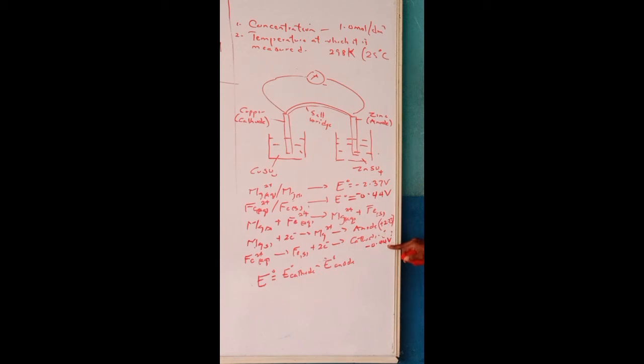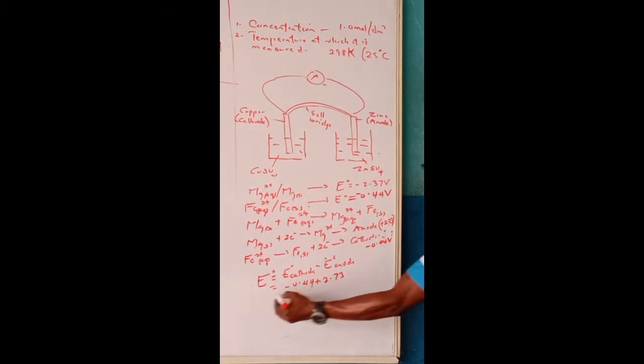In this case, the cathode is negative, that's minus 0.44, minus. But we reverse it, so let's say plus, because no more. Plus 2.73. What do we have?